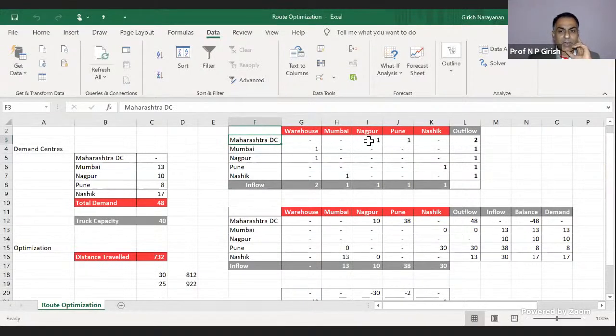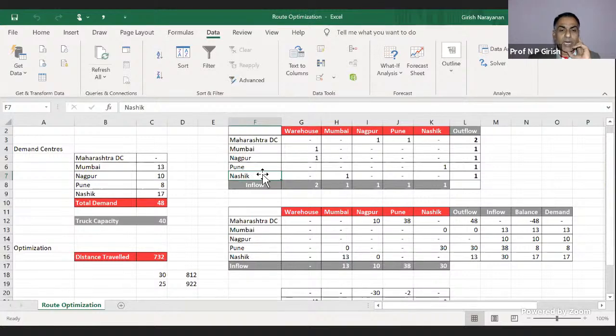Maharashtra DC to Nagpur to Pune. Nagpur to warehouse. Okay. So there's a truck going from Maharashtra DC to Nagpur and back. The one to Pune then goes to Nasik, Nasik to Mumbai, Mumbai back.